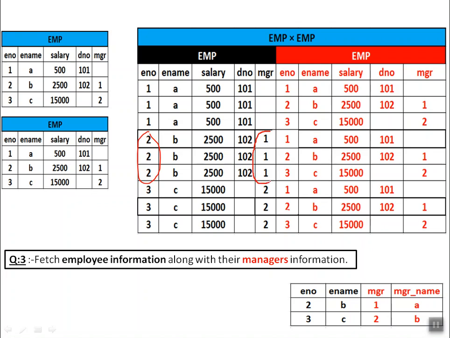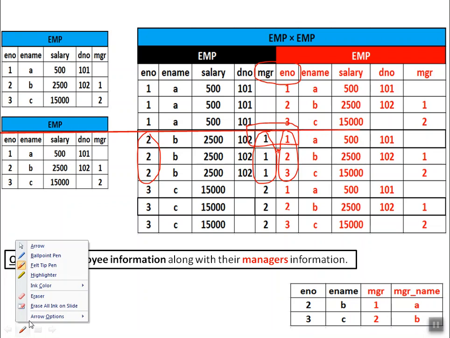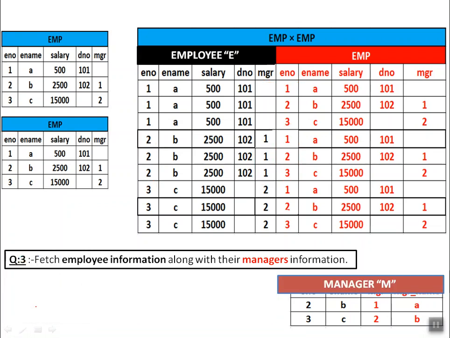His manager is 1. He joined with all managers. Now I am requesting, please join with only your manager. Don't join with other managers. What is the condition? This manager number must be equal to that employee number. So this is required.